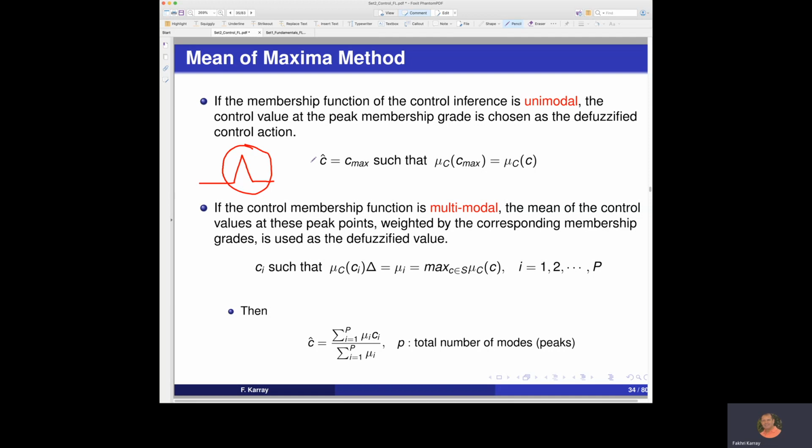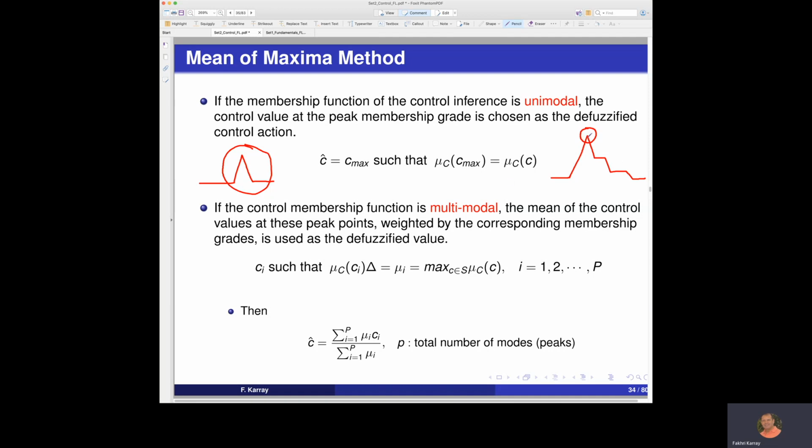So for the control version it is unimodal. So this is also a unimodal type of representation of a membership function. Unimodal because we have one single value that takes a maximum value. All the other ones are values that shape out the membership function.